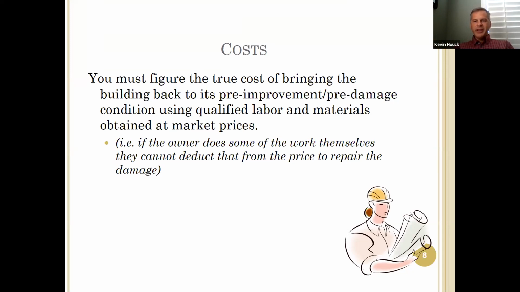You should be calculating really what it costs if you were to hire somebody to do the work and they charge you an appropriate cost to do that. If you do the work yourself and save all that money, you should not be deducting that from the price to repair the damage. I hope that makes sense.